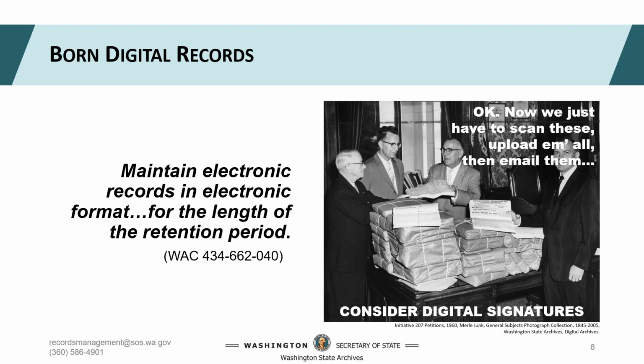As I mentioned earlier in the presentation, a record's digital or physical format is not going to determine whether it's a public record, but it can determine how to retain the records. The Washington Administrative Code, or WAC, establishes that electronic records must be retained in electronic format. What this means is that printing and retaining a copy of a digital-born record will not be an acceptable substitute.